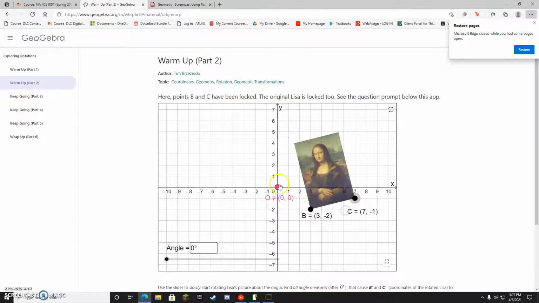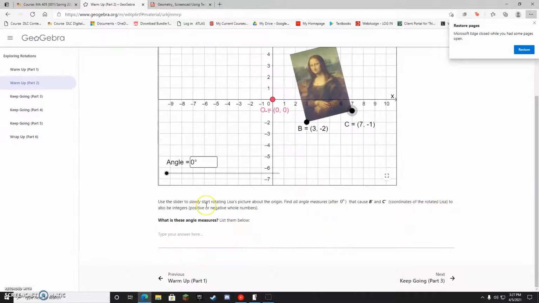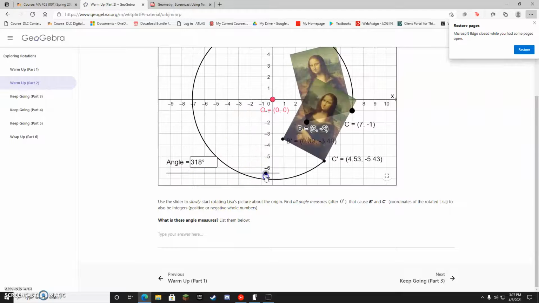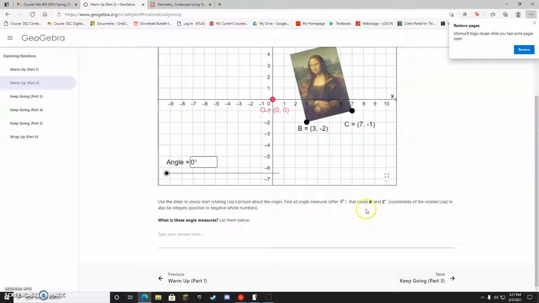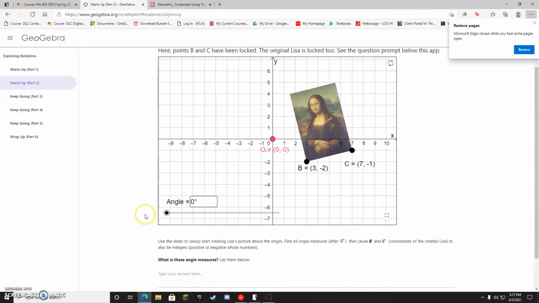everything's locked. The point of rotation and the pre-image is locked. And so you have to go down here and it asks you to slowly start rotating the picture about the origin. So you use this to rotate it, and it asks you to find where B prime and C prime are whole numbers. And it turns out that they're all multiples of 90.